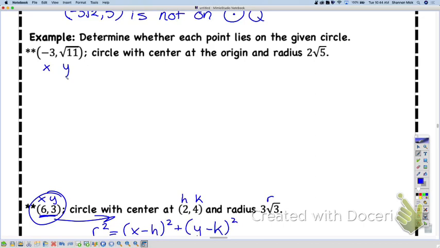Where's the center? There's not another point. The circle with the center at the origin. So what is the center then? 0, 0. They're not gonna tell you 0, 0. And that's h and k. And the radius, so what variable is that? R.